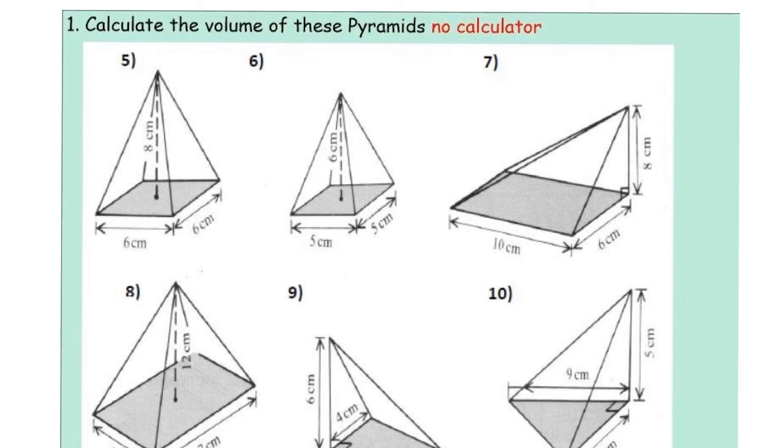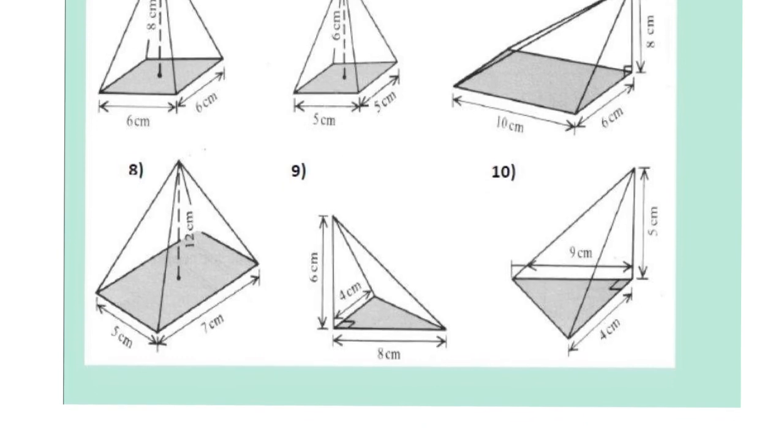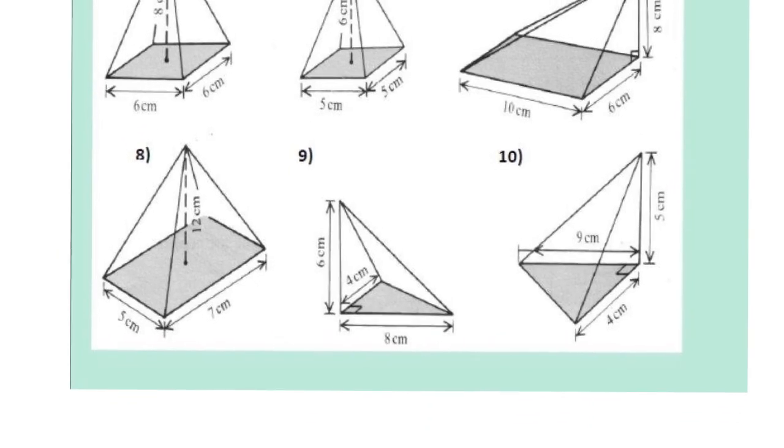For each one I want to see the working like the previous example, where you write out the formula, you substitute in and then you work it out without a calculator this time. All these numbers should work out quite nicely. I'll just move it up so you can see the bottom ones. You can pause the video if you need to be able to see them.